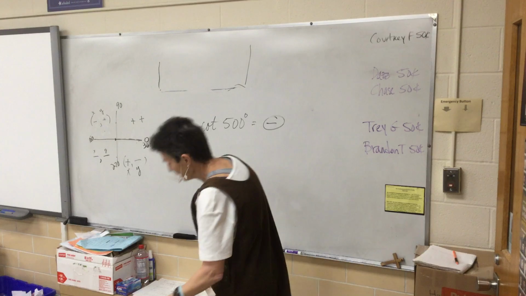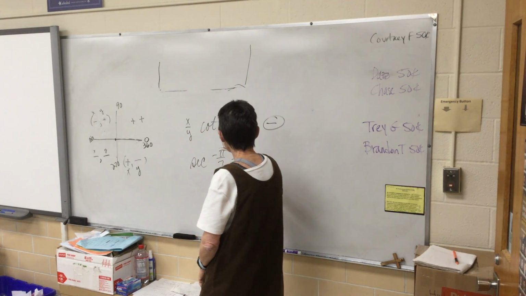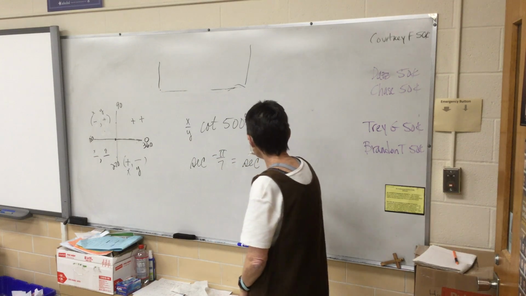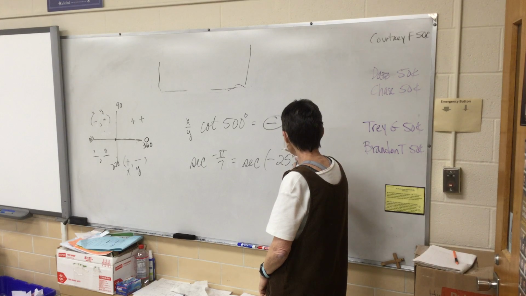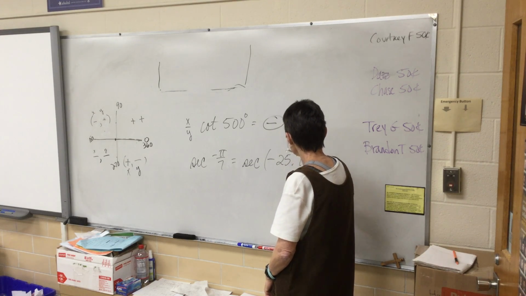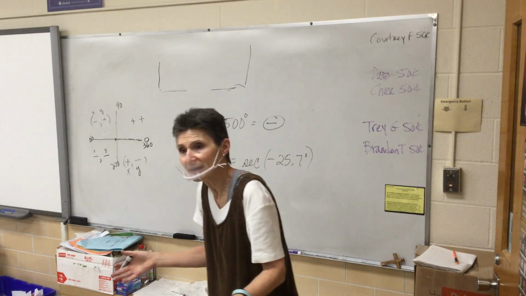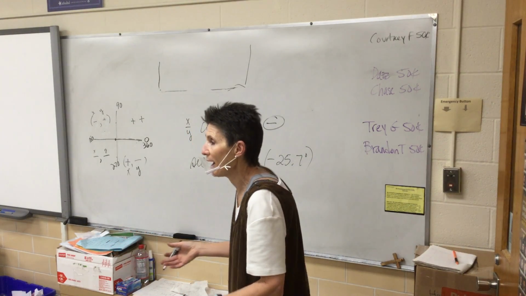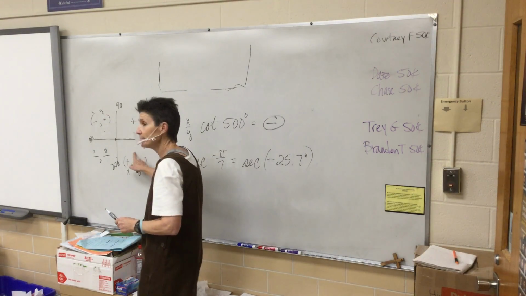Super. Last one. Secant negative pi over 7. I don't know, how many degrees is that? Negative what? 25? 0.7? About, I don't need it exactly. I just don't know where it's at. So negative 25 will be here.